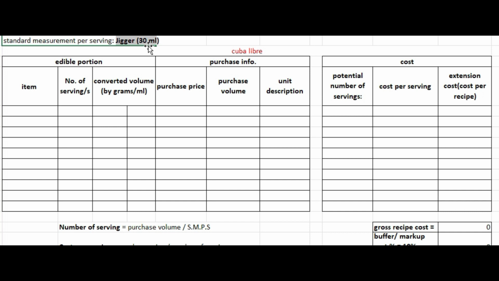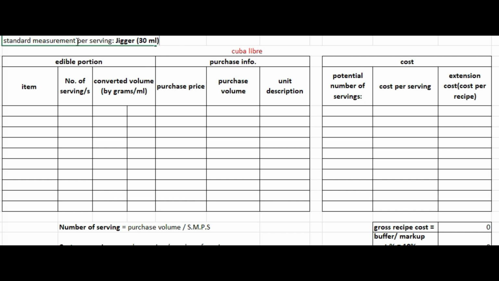My jigger has two measurements or two parts. First, we have the 30 ml and the other one is the 50 ml. Now, there are different measurements in every jigger. Some jiggers, like those commonly used in milk tea shops, the clear plastic jiggers, instead of ml, the measurement is converted into cl or centiliter.